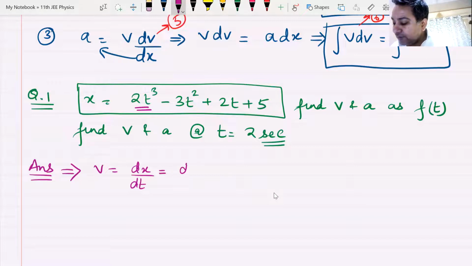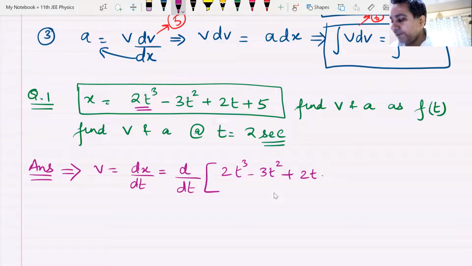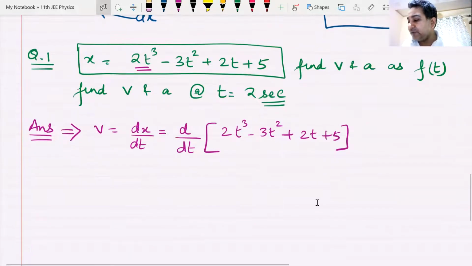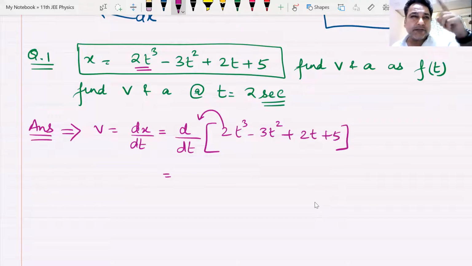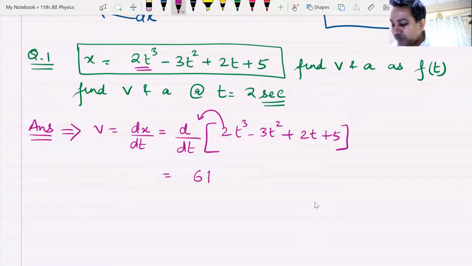So I'll write it once so that we all understand this: d by dt of 2t cube minus 3t square plus 2t plus 5. It's a very simple derivative. 2 will jump out. Derivative of t cube is 3t square. So 2 multiplied by 3t square will be 6t square. 6t square is the derivative of this first term.